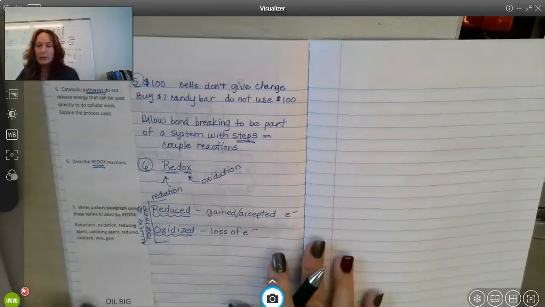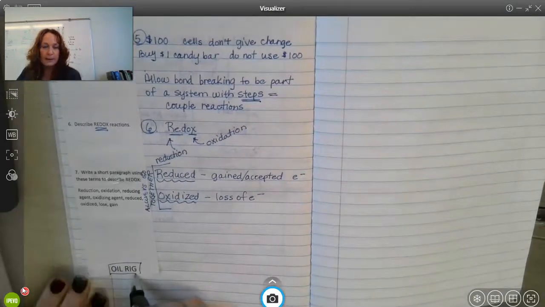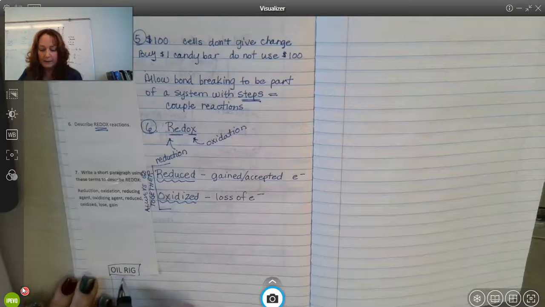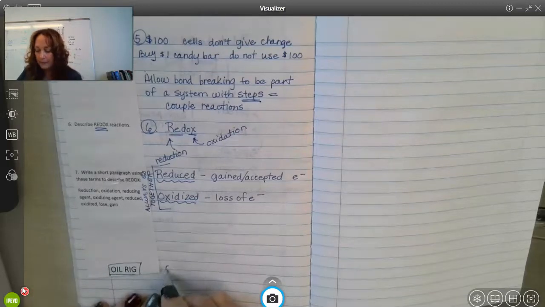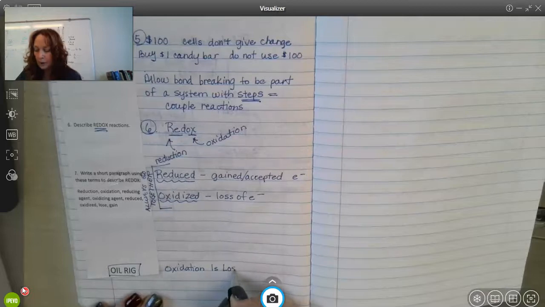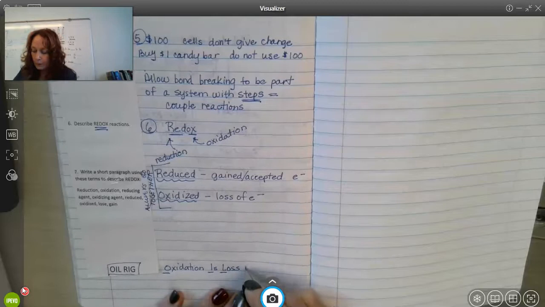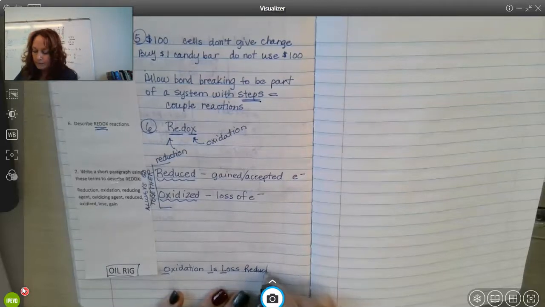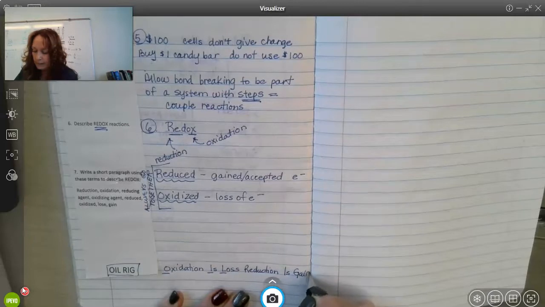So the only reason we have this little thing down here is to help us remember what this means. So oil rig is: oxidation is loss, oil, reduction is gain, rig.